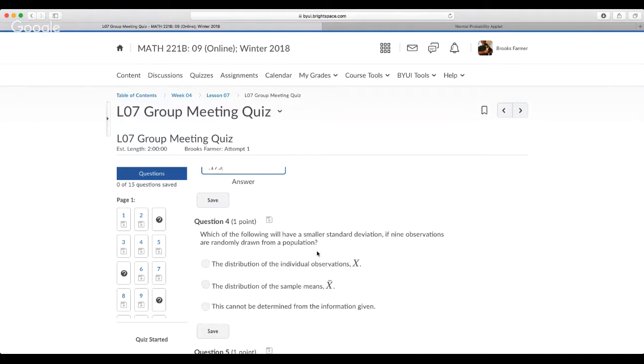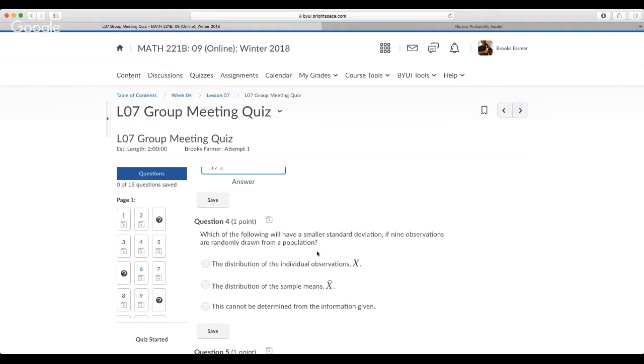Which of the following has a smaller standard deviation if 9 observations are randomly drawn from a population? This one took some looking.